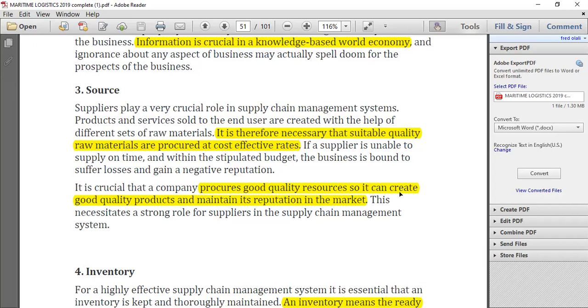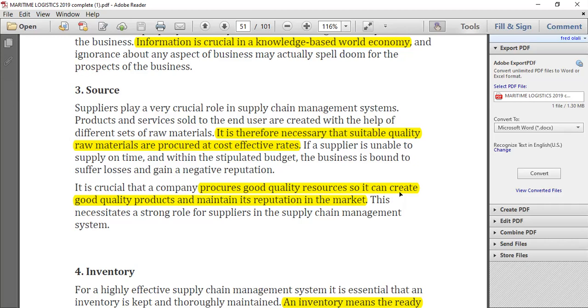Products and services sold to the end user are created with the help of different sets of raw materials. It is therefore necessary that suitable quality raw materials are procured at a cost-effective rate.